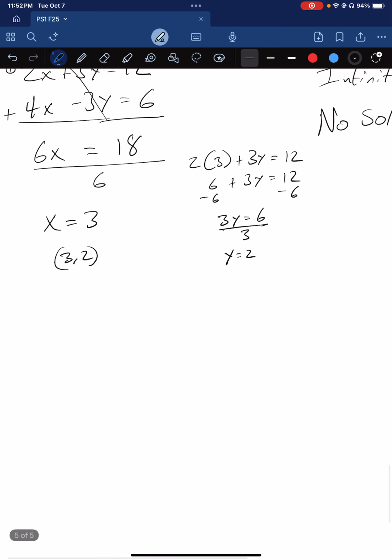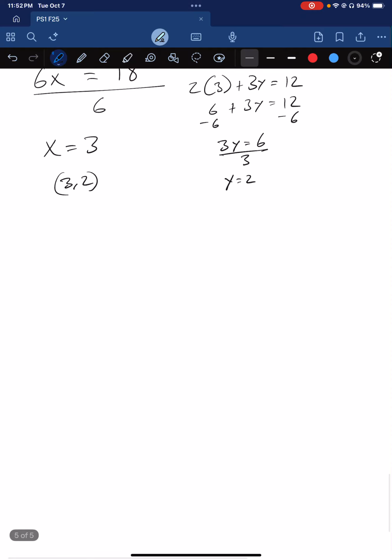All right, so that's elimination. Let's try another system of equations. y equals 2x minus 1, and 3x plus y equals 11.